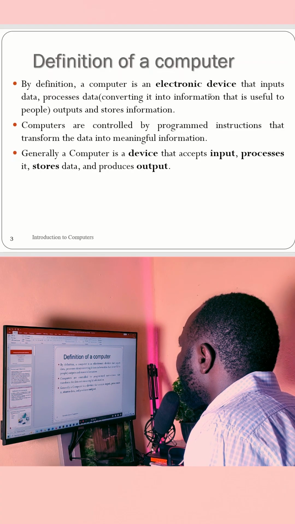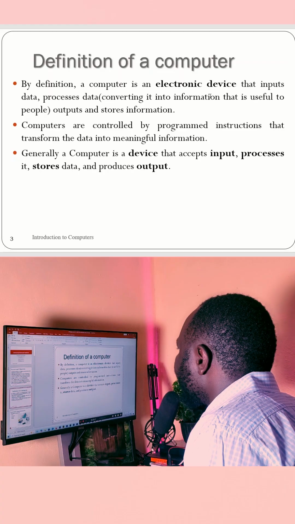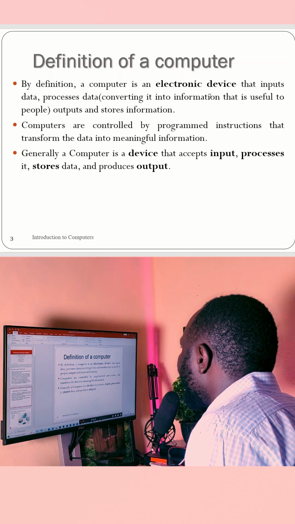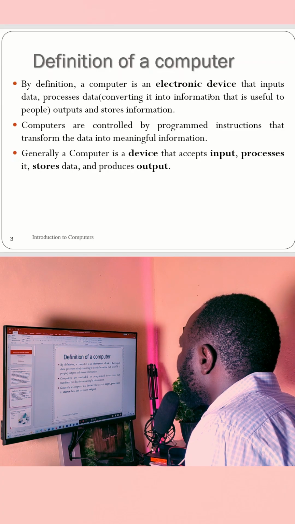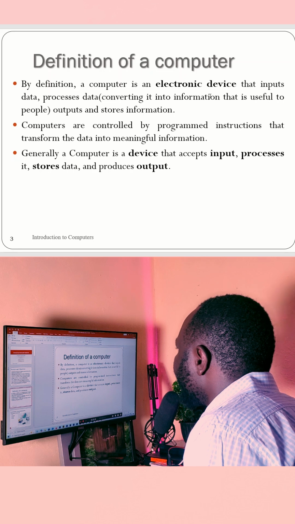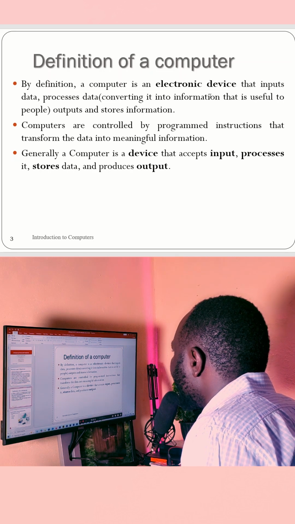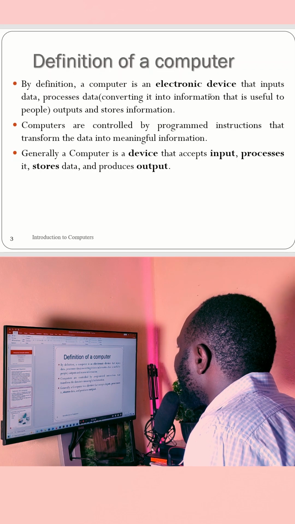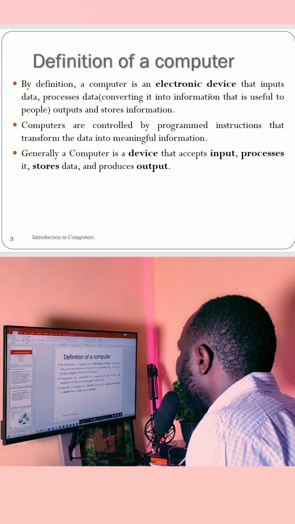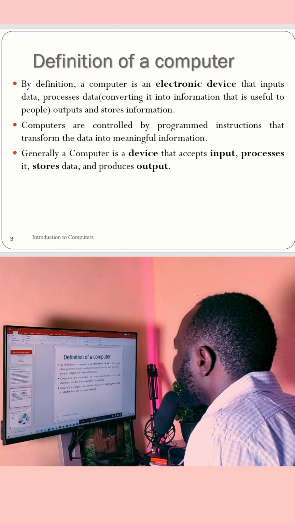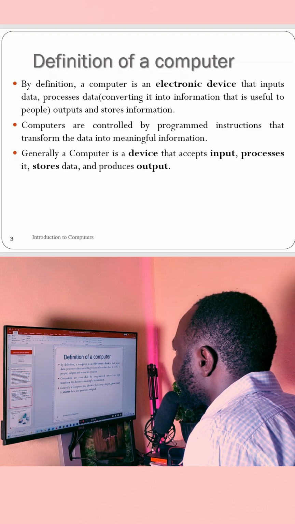So it takes whatever you've given it, understands it in those terms, then interprets it, which is the same as converting it back to what you understand, and you're able to see the word Chris printed on your screen in just a split second, meaning the same time you're typing is the same time it's processing and giving you feedback. So that is one thing that we need to understand about computers. It's very fast in its operations.